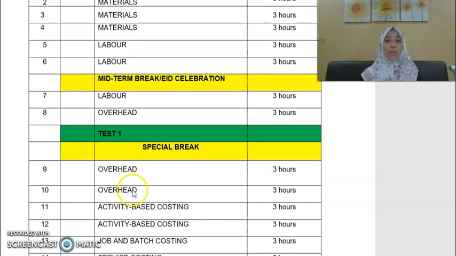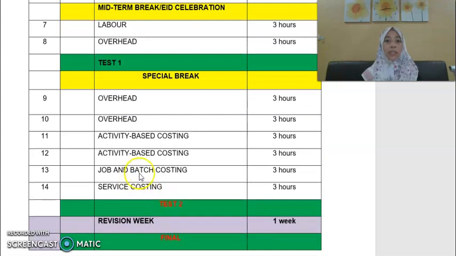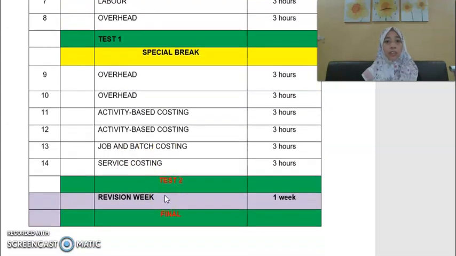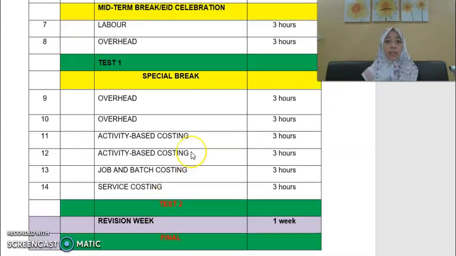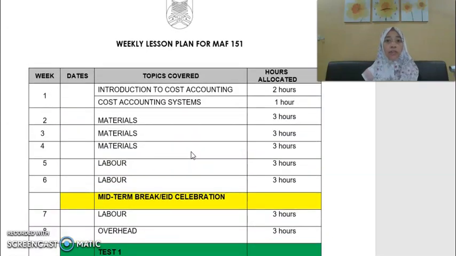Then you go into a little bit on activity-based costing, and then job and batch costing and service costing. So these are the topics that you have covered in your last semester, during your MAF 151. I just want to give you some overview of what you have done and what you're going to do during this semester, and how it relates to your next MAF in the next semester.